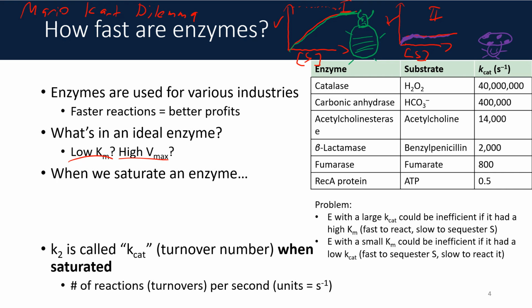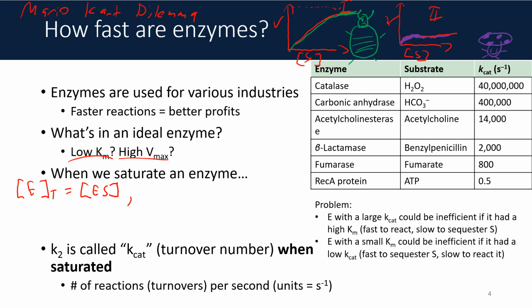When we saturate an enzyme, we can assume that the total concentration of enzyme in that solution is equivalent to the concentration of the enzyme substrate complex, because we have loaded up every enzyme with substrate.